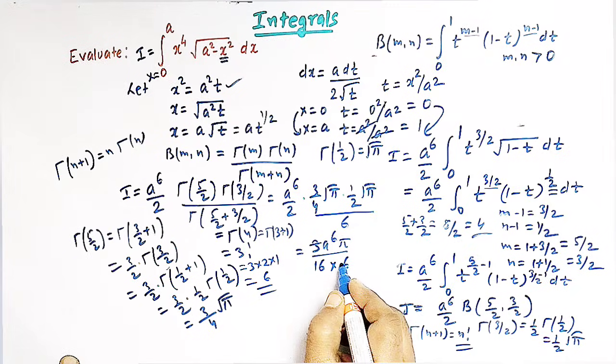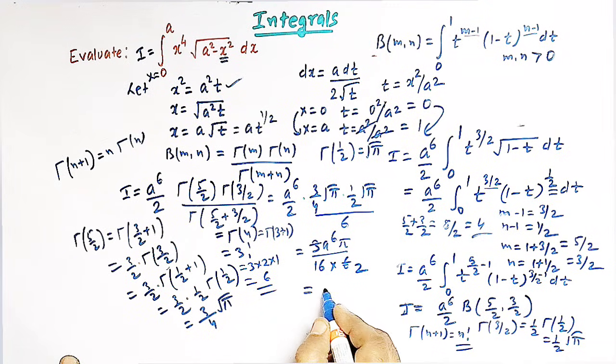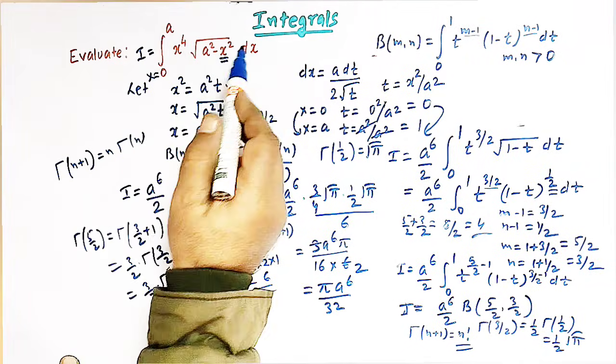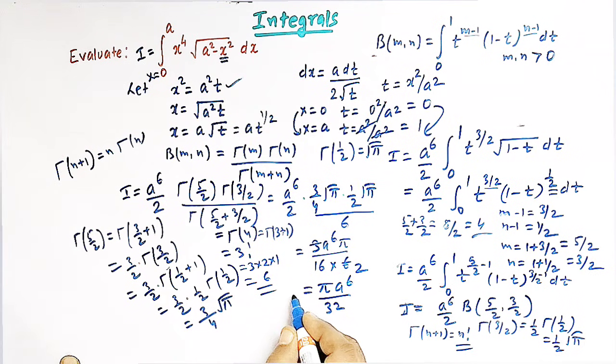And then we have 3 times 2 is 6, and this is pi a raised to 6 divided by 16 times 2, that is 32, right? So viewers, the value of this integral is equal to pi over 32 times a raised to 6.